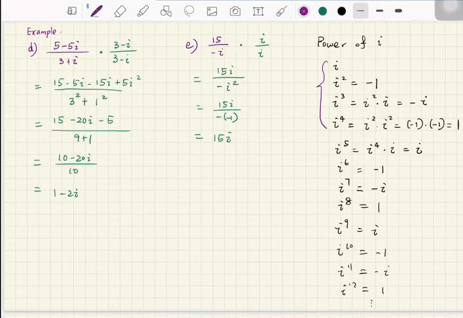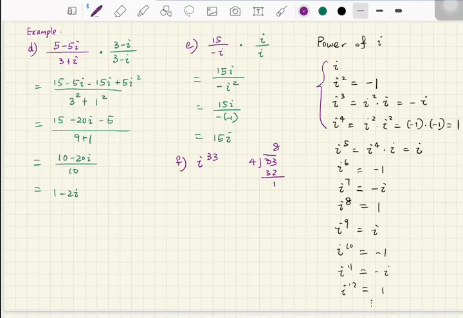Let's consider an example: what is i to the 33rd power? We want to see how many 4's are inside 33. Using 33 divided by 4, we get 8 with a remainder of 1.